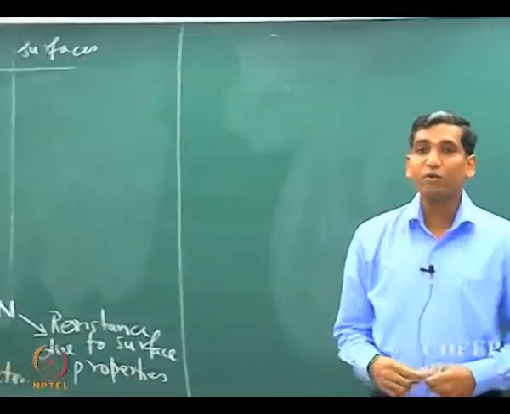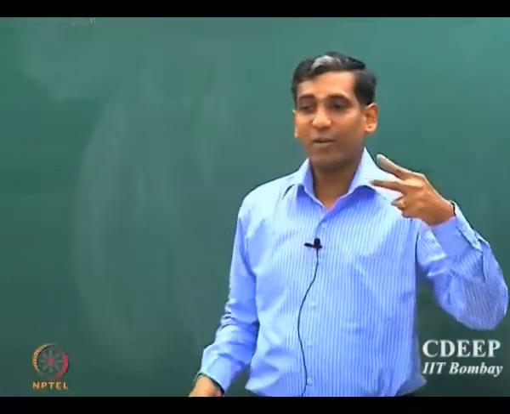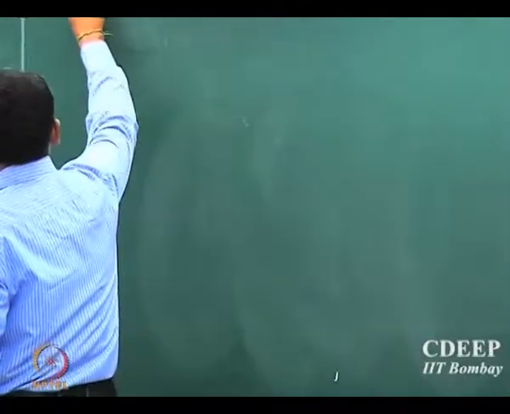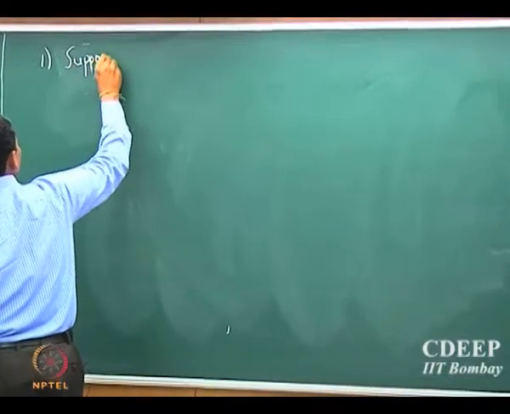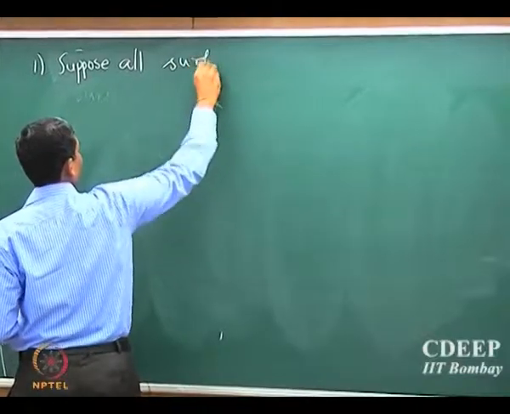So, the question is, where do we use all this information? There are two kinds of questions one could typically ask. Question 1 is, suppose I know all the temperatures, suppose all surface temperatures are known.